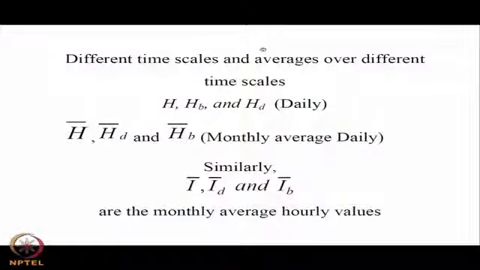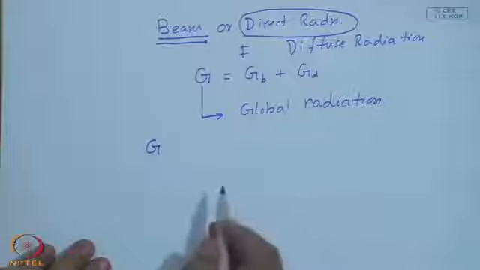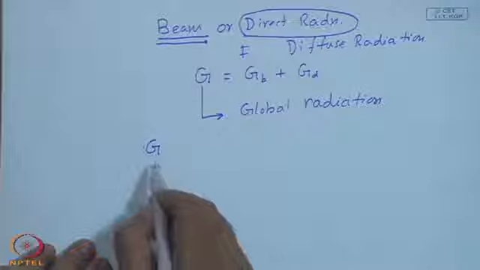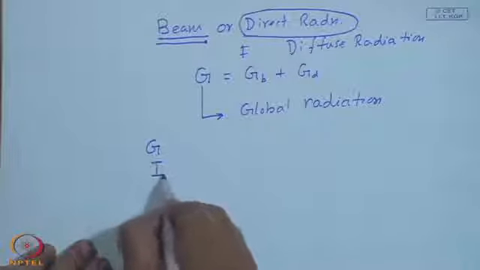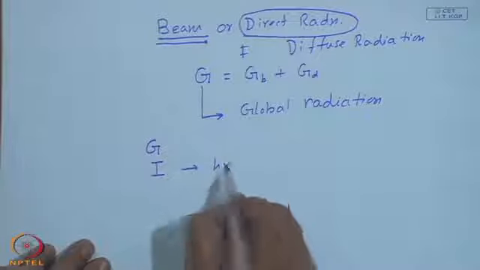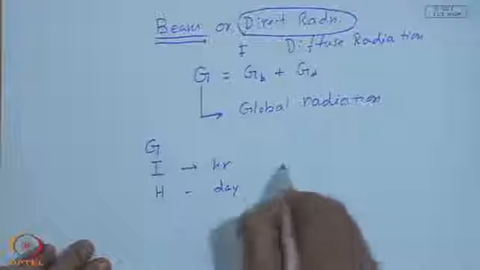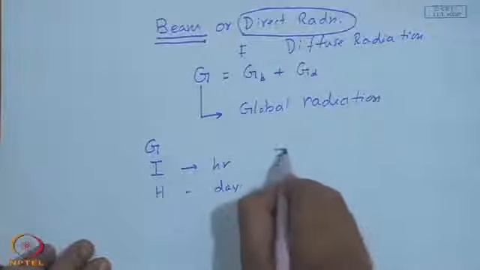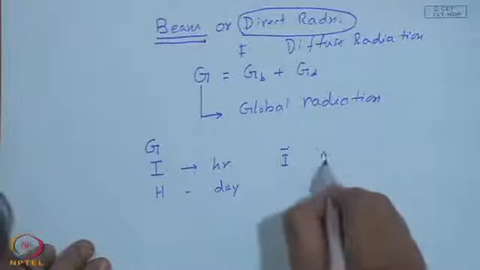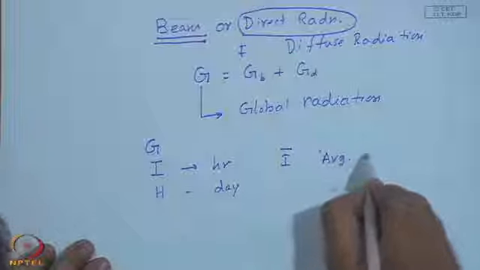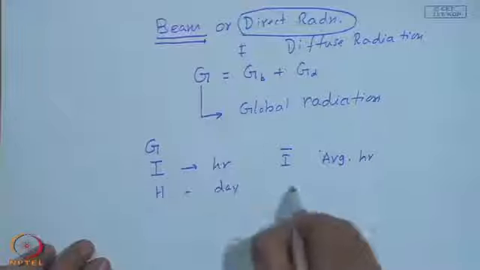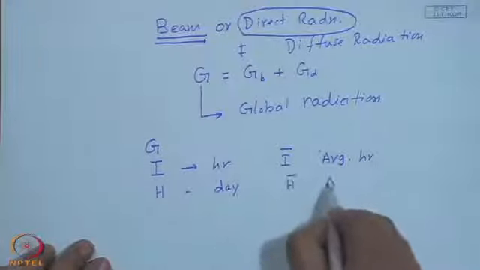Now, if G is the intensity, then I can choose different time scales: I for an hour, H for a day, I bar for an average hour, which I will define a little later, and H bar for an average day.